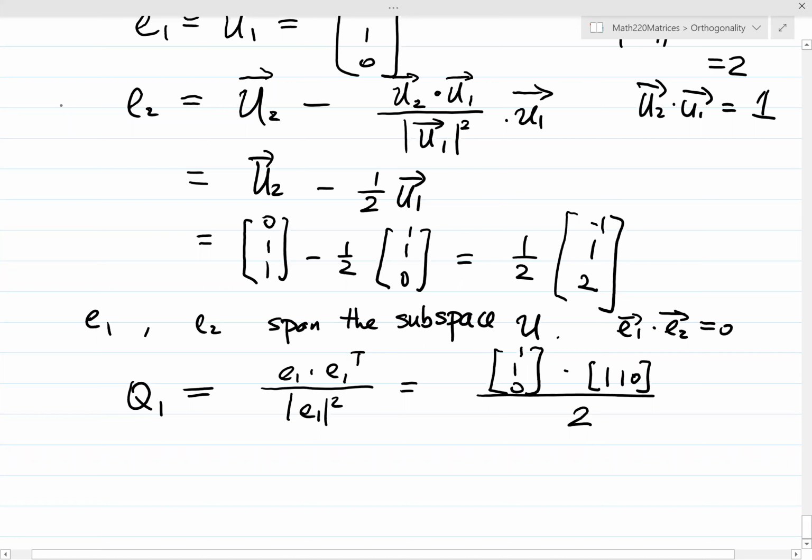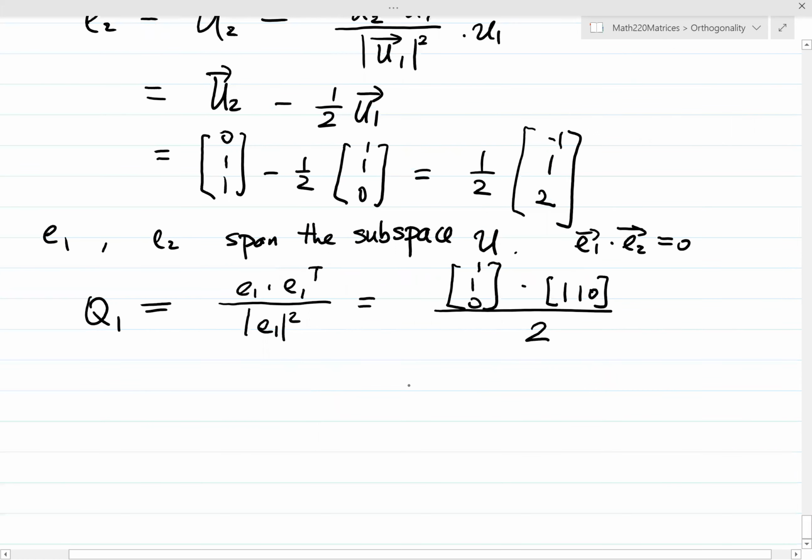So you get 1/2. You write the three rows according to the multiples: 1, 1, 0, then 1, 1, 0, and the last is 0 multiple, so 0, 0, 0. So we get the projection matrix onto the direction U1 or E1.